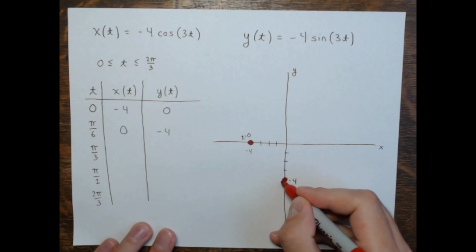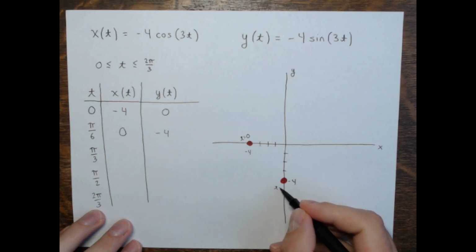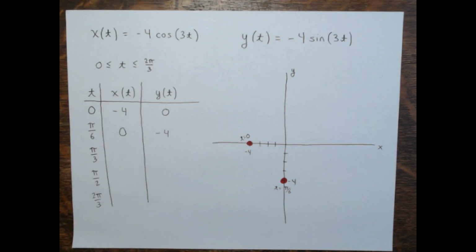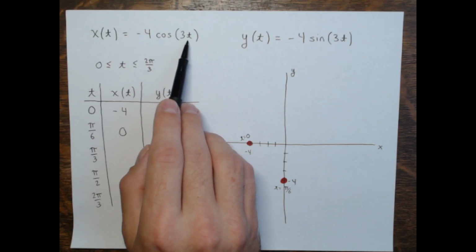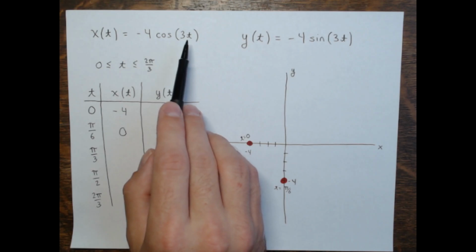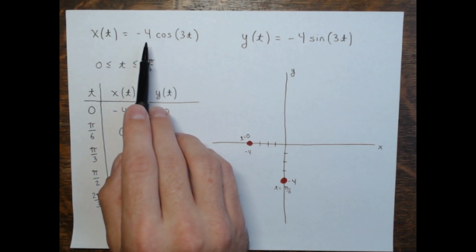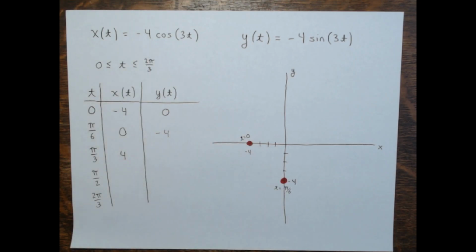So we're here when t equals pi over 6. Then when t is pi over 3, 3 times pi over 3 would just be pi. Cosine of pi was -1 times -4 is +4 for the x coordinate.